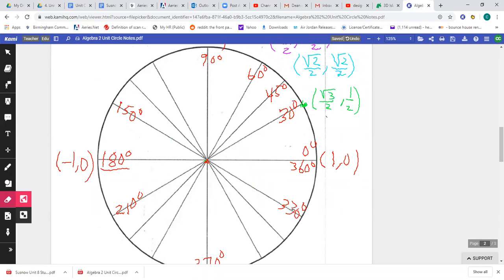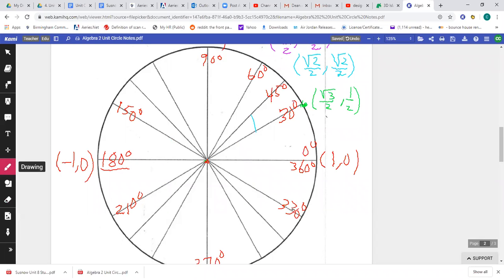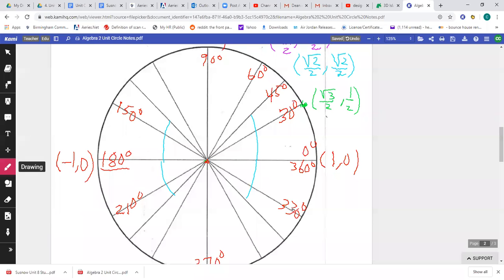Now, the next angle that we had was, we said all of these were 45-degree angles, right? So if we just go ahead, and you could use a calculator or something, if this is 180 and I go 45 degrees back, this would just be 135, okay?